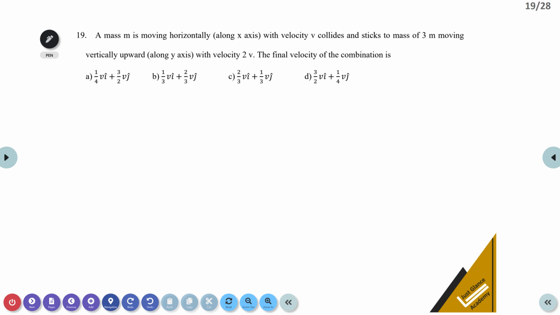A mass m is moving horizontally along the x-axis with velocity v, collides and sticks to another mass 3m, moving vertically upward with velocity 2v. The final velocity of the combination is? Draw diagrams in such kinds of problems. You have to draw the diagram.